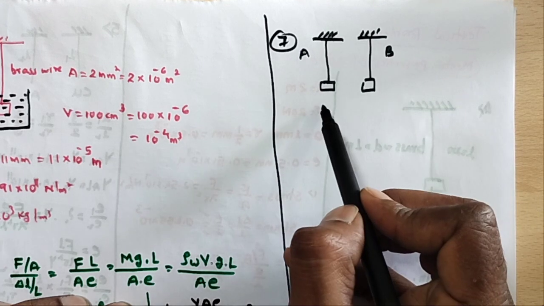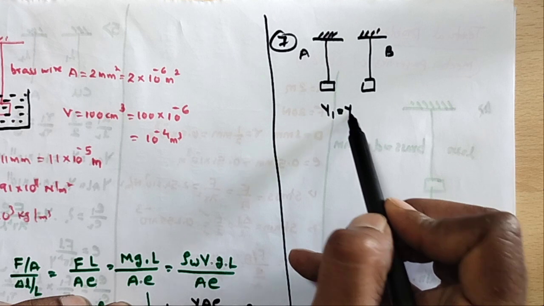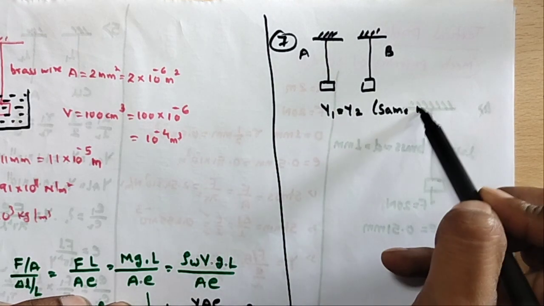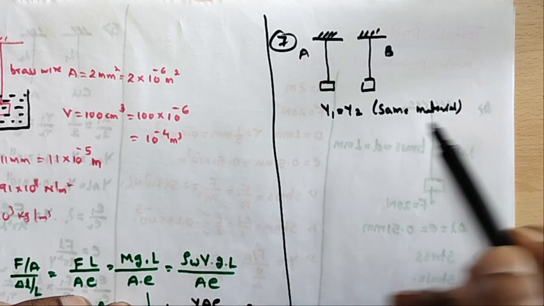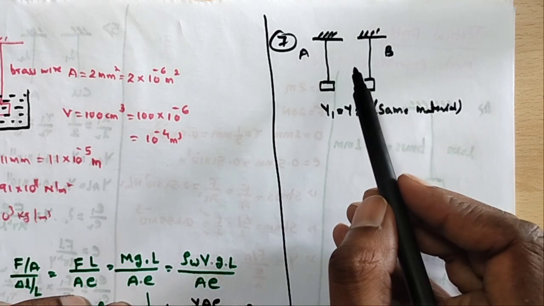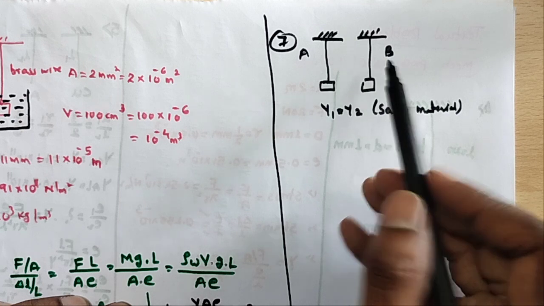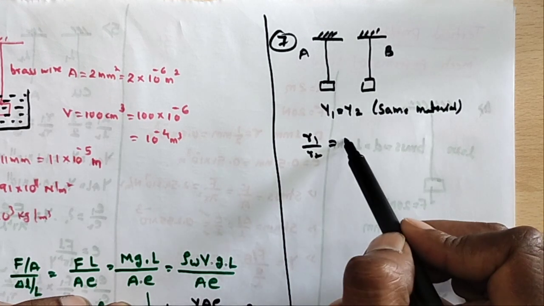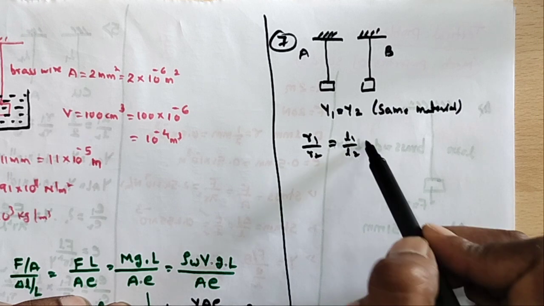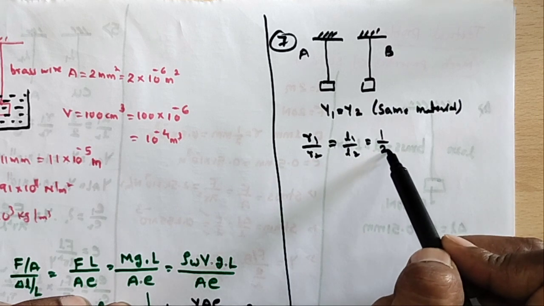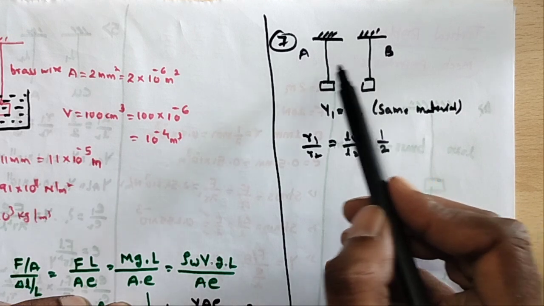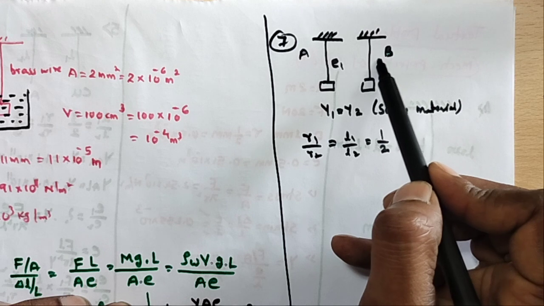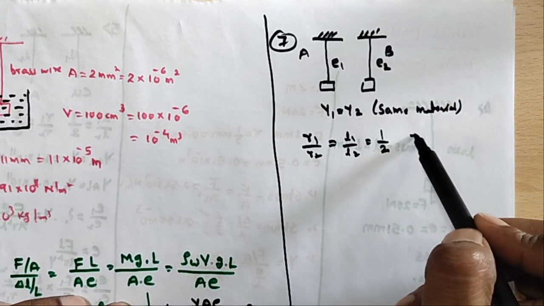Same materials means Y1 is equal to Y2, because in the same material their Young modulus are equal. Radii and length are both in the ratio, that is r1 by r2 and l1 by l2, 1 by 2, is given. If the extensions produced are equal, the first wire's extension e1 and second wire's extension e2 are equal.